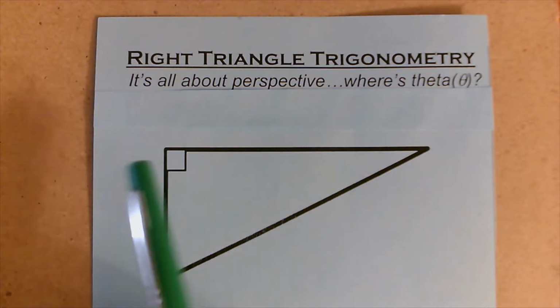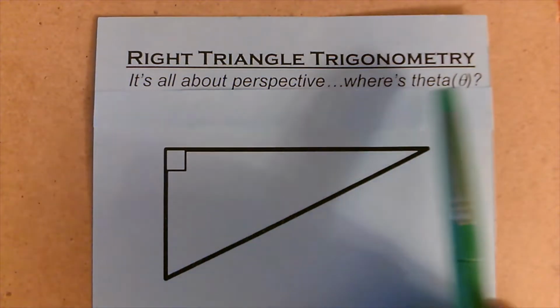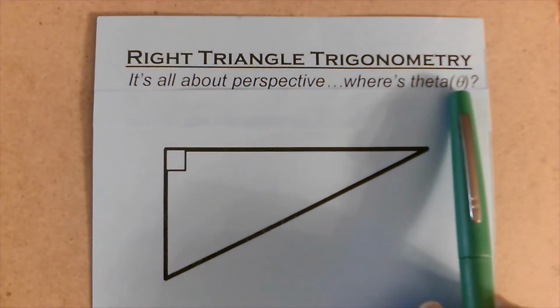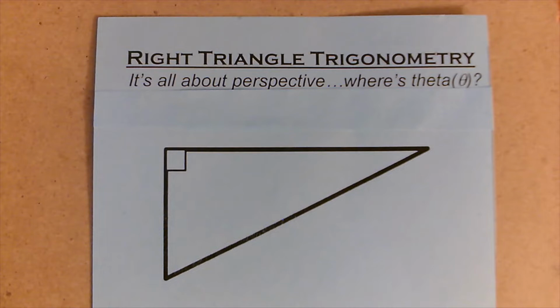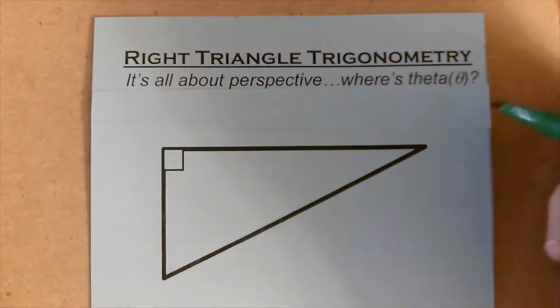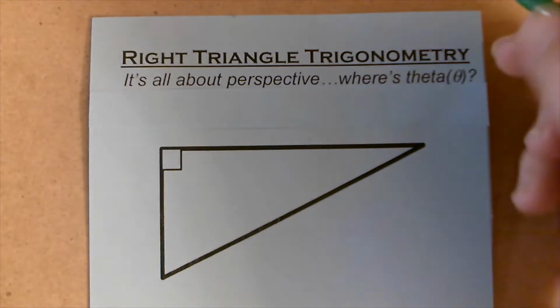We're looking at the different parts of the right triangle in relation to a specific angle. It says here it's all about perspective. Where's theta? Theta is a variable that we use to represent a missing angle. Some unknown angle is represented by theta, and theta is a Greek letter.